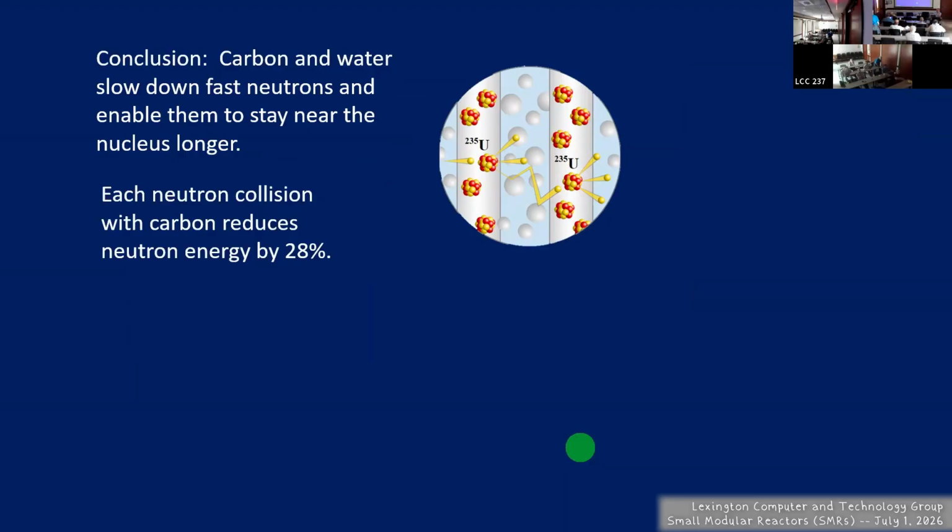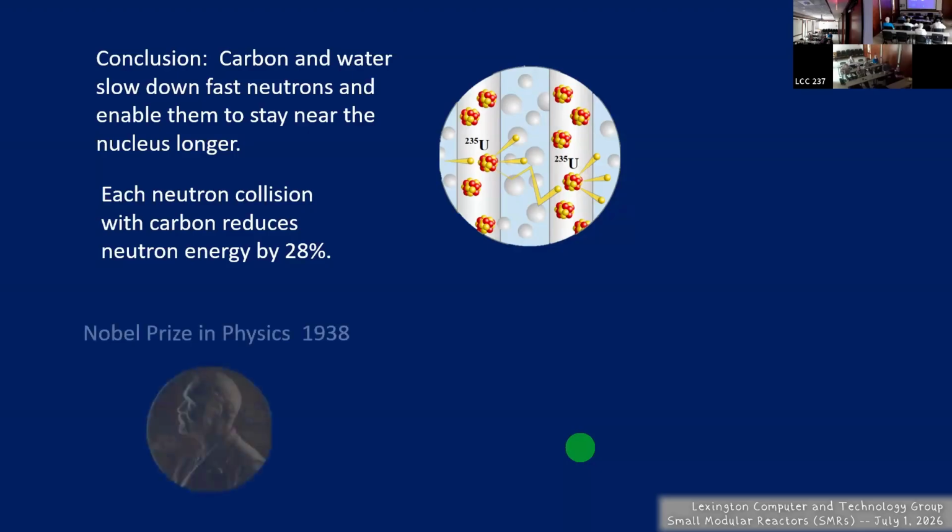And when it stayed near the nucleus longer, it's more likely to cause a collision with it. And each neutron collision with carbon reduces neutron energy by 28%. So carbon, or the term is it moderates it, means it slows it. And for this minor discovery, he was given the Nobel Prize in 1938.